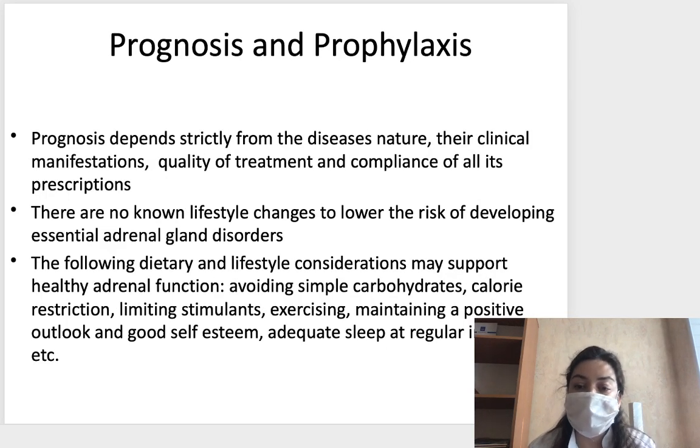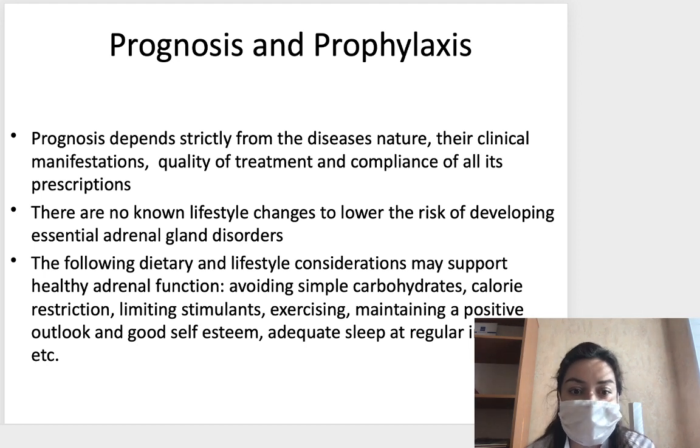Prognosis and prophylaxis of adrenal disorders. Prognosis depends strictly on the disease nature, clinical manifestations, quality of treatment, and compliance with all its prescriptions. There are no known lifestyle changes to lower the risk of developing essential adrenal gland disorders.